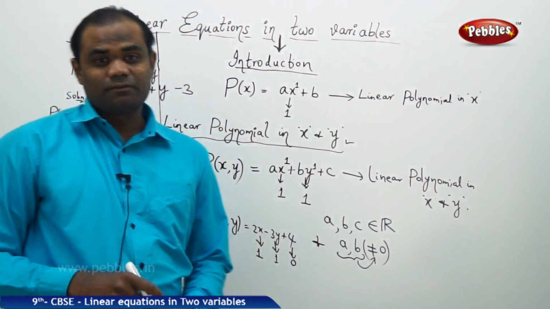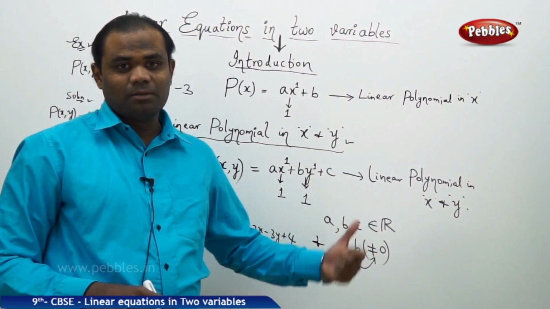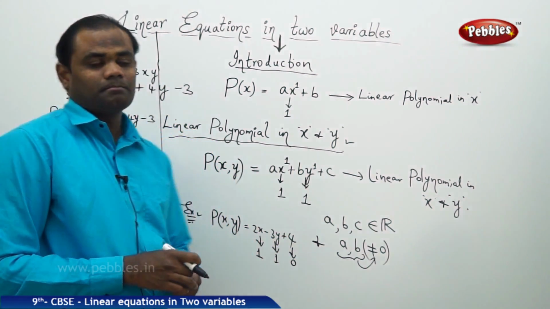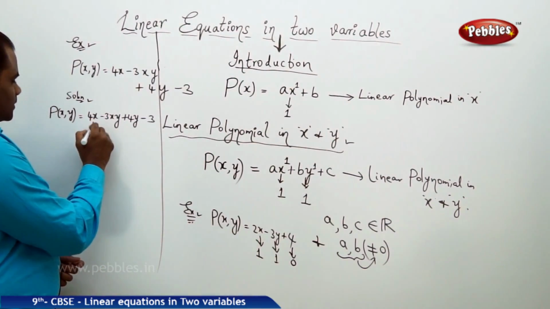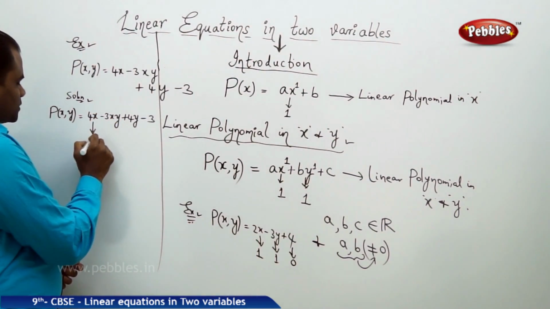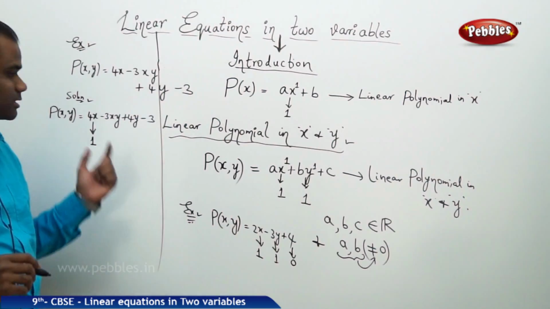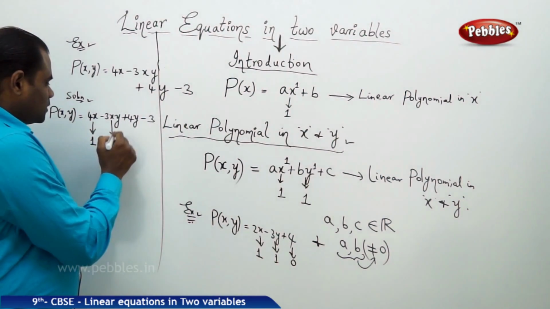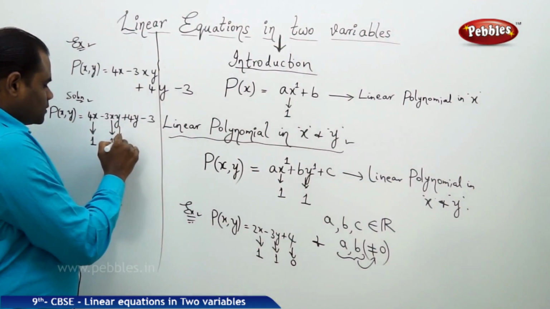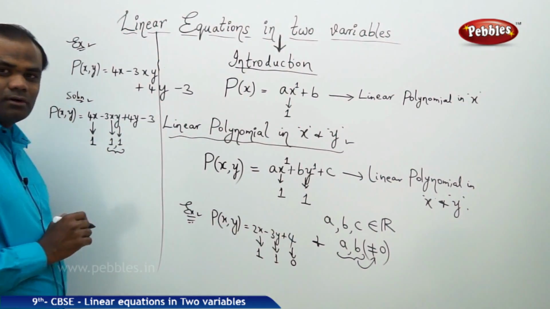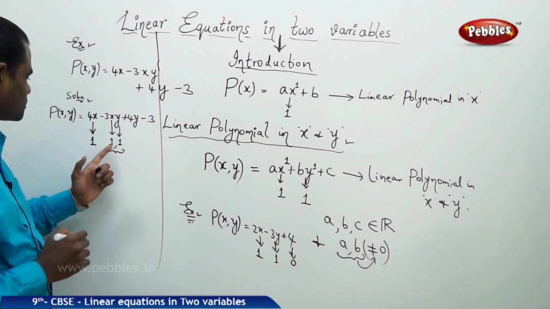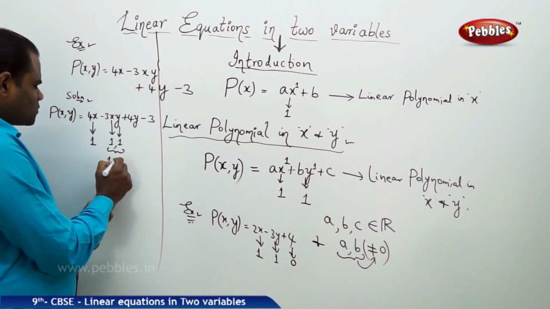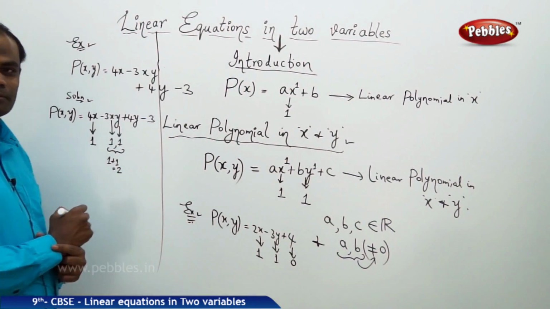Now before I justify its linearity, I have to search for the degree of each of the terms. Coming to the first term, I have my degree of x, which is 1, of course, because x power 1. For the second term, I have my degree of x, which is 1, and I have my degree of y, which is 1. Therefore, on the whole, I find the combined degree of the second term to be 1 plus 1, which is equal to 2.